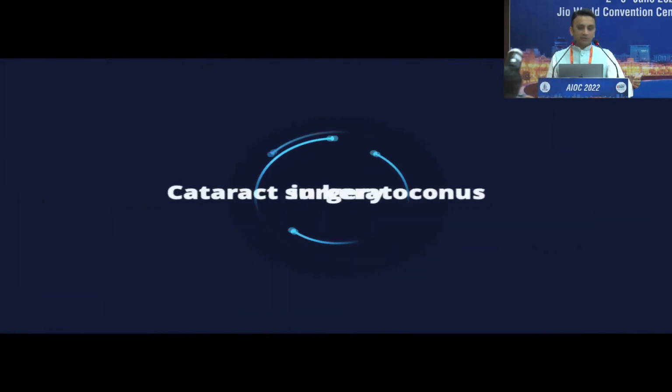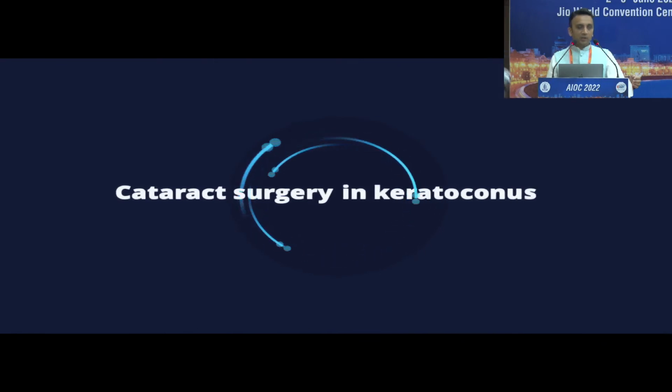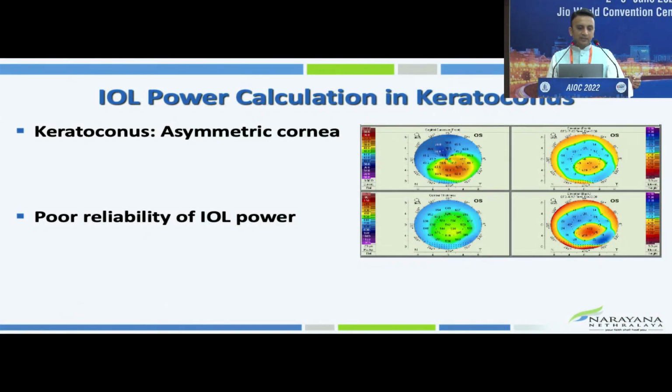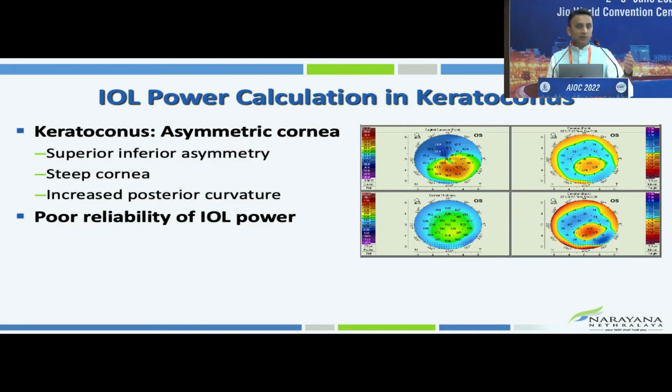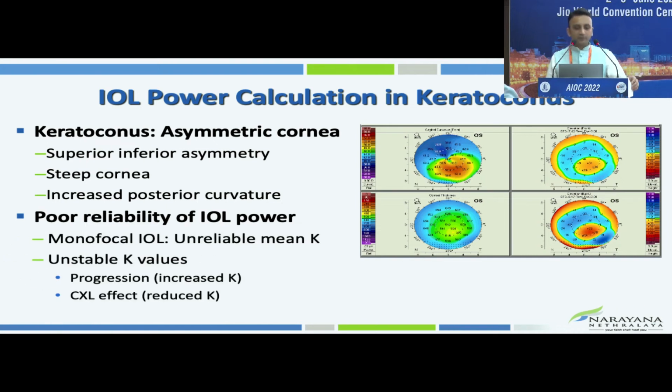Coming to the surgery per se. Now, cataract surgery in keratoconus: let's understand that a keratoconic cornea is an asymmetric cornea. That's the definition of keratoconus, where superior inferior asymmetry, steep cornea, increased posterior curvature, all these things are putting our ideal outcome away, and hence with cataract surgery in a keratoconic eye itself, we are taking a back step, saying I may not be able to deliver you as great an outcome as a normal patient.